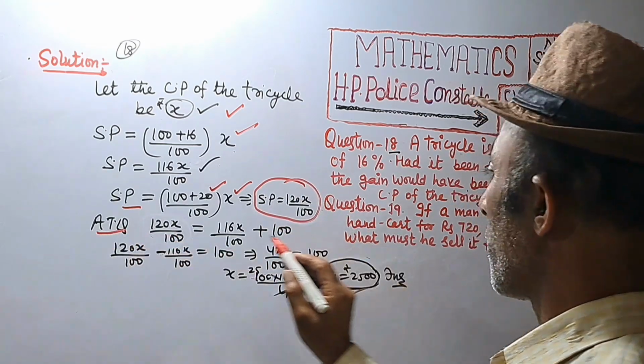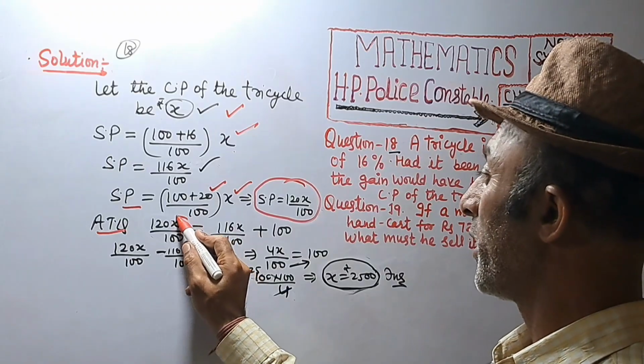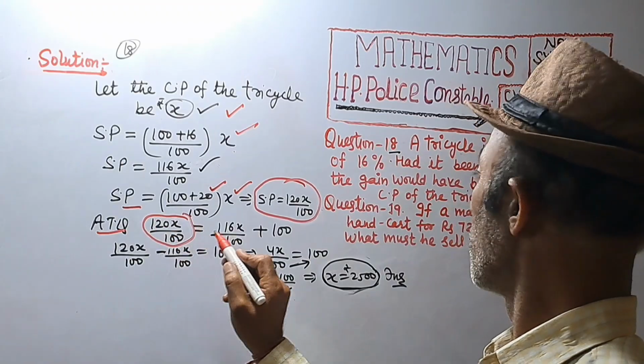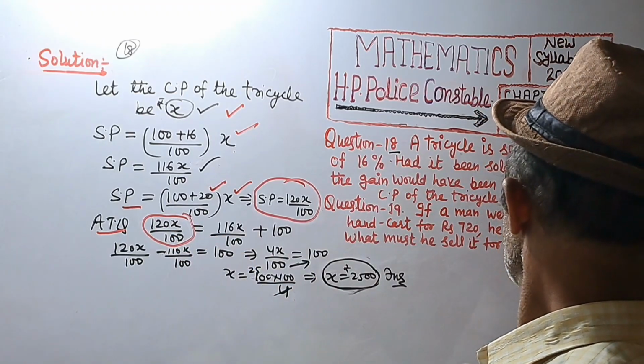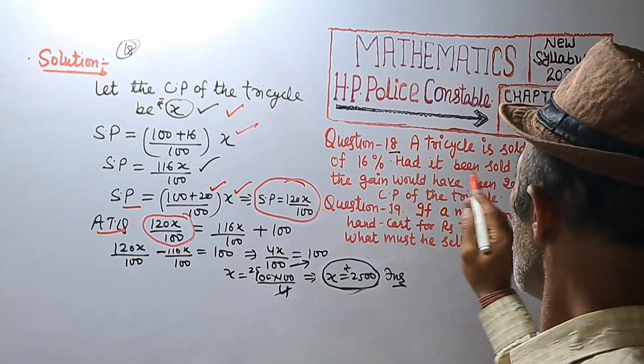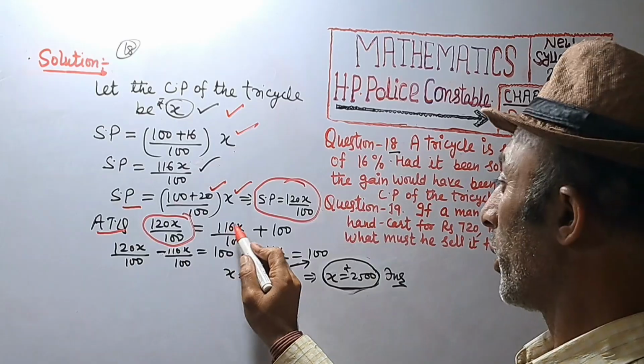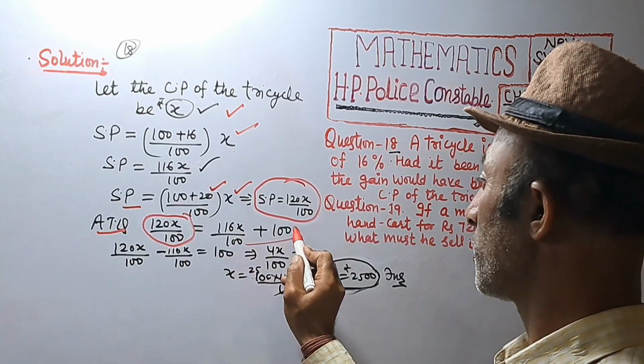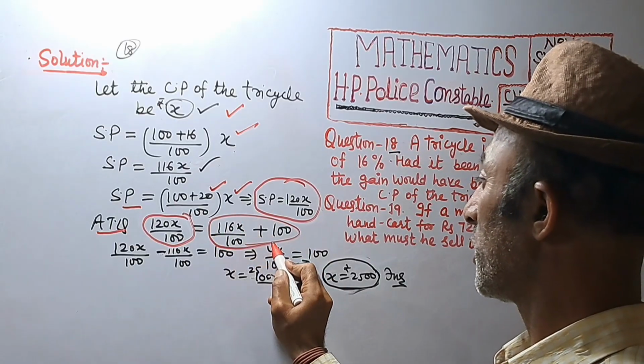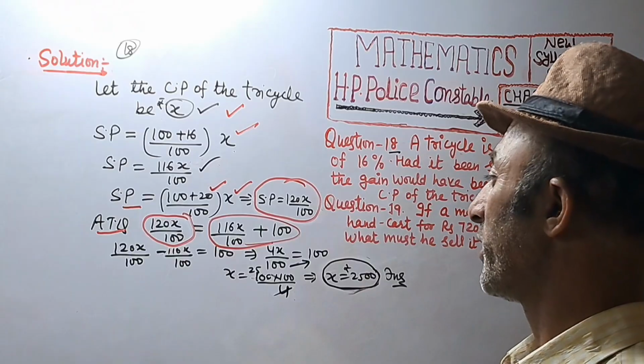And 120x upon 100 equal to 116x upon 100 plus 100, since 100 more means plus 100.